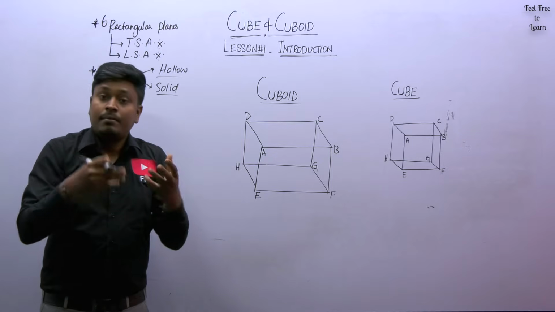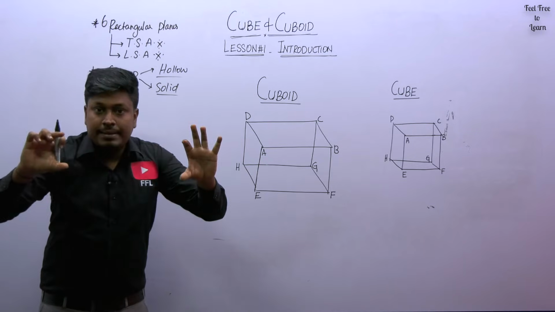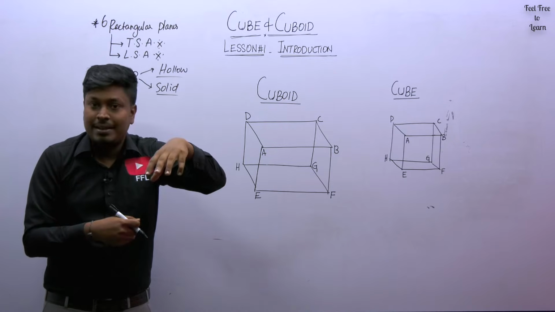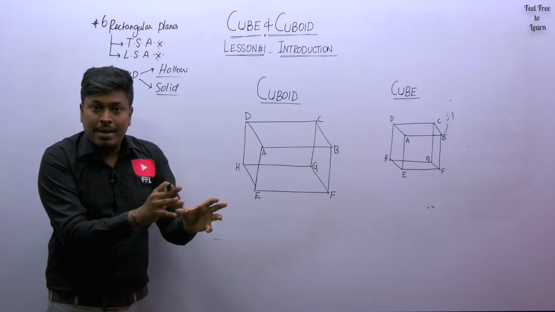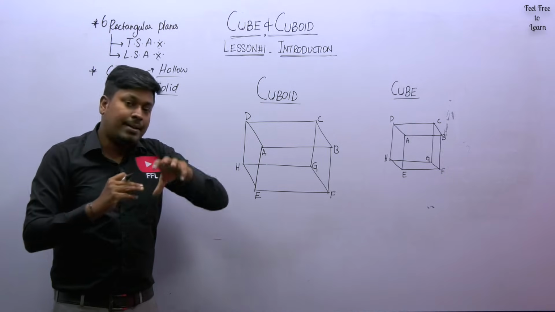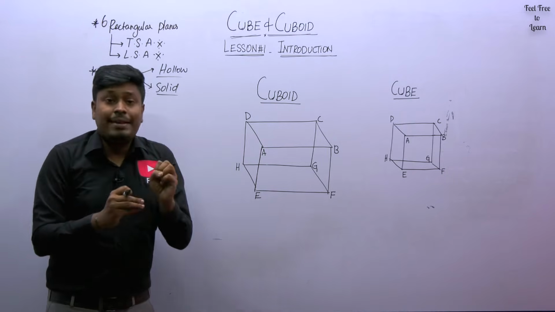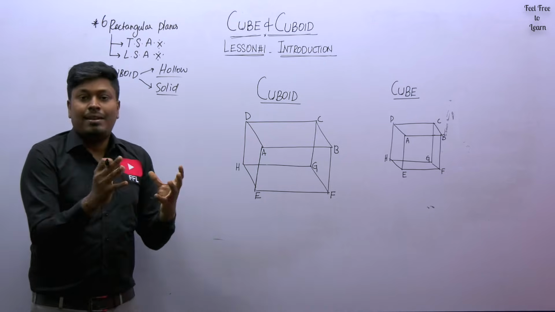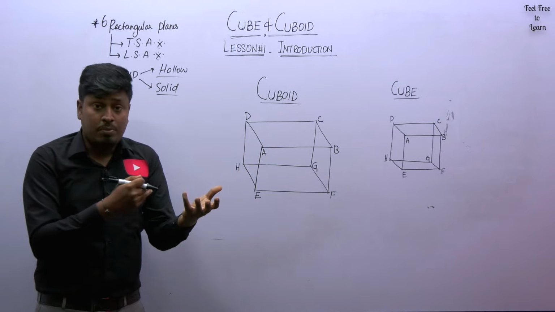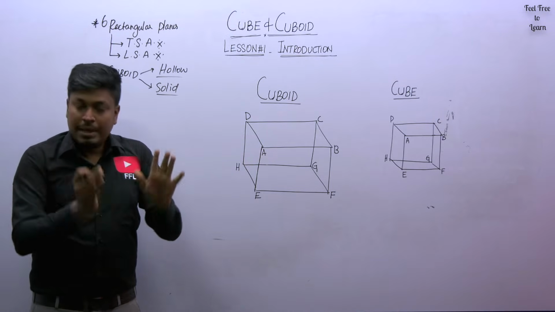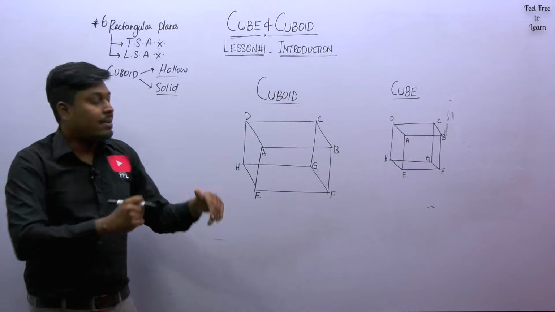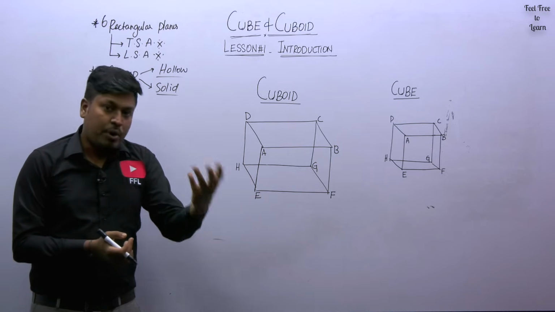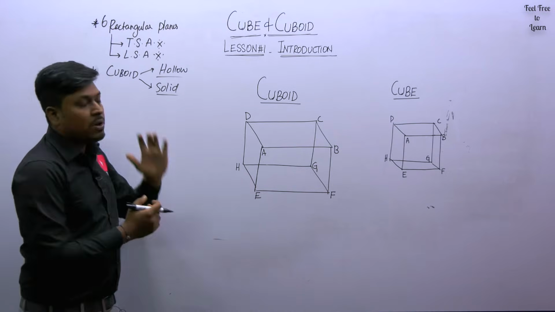But if you take a brick, it is a solid cuboid, yes or no? A brick doesn't have any hollow space. So we can say that the word cuboid can refer to both. Only based on the question we need to decide whether the given cuboid is a hollow cuboid or a solid cuboid, and solve the question. But remember, the word cuboid refers to both.